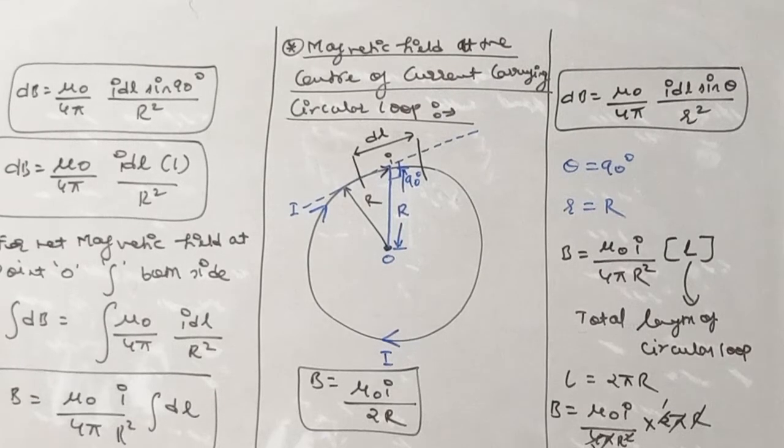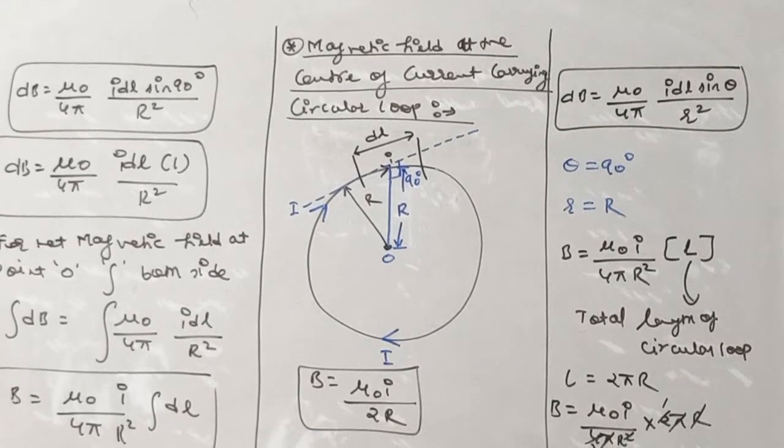Now we'll discuss the direction of the magnetic field due to a current carrying circular loop.